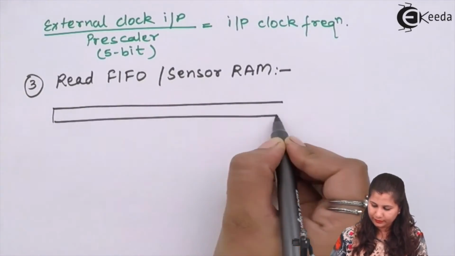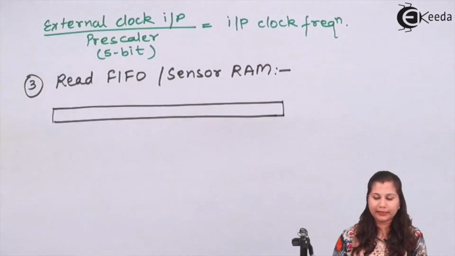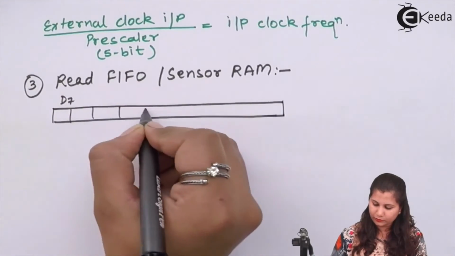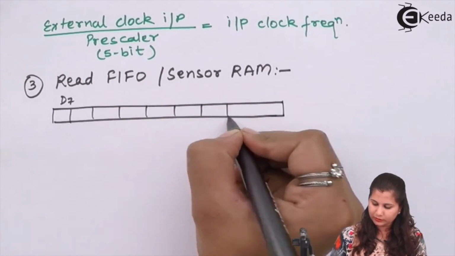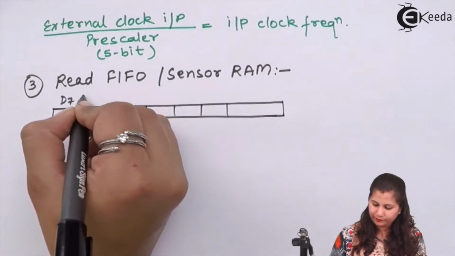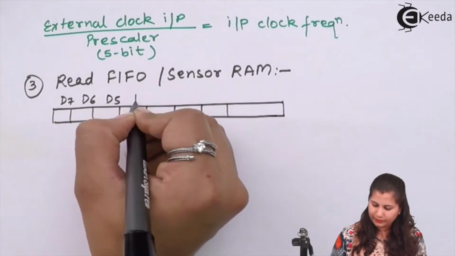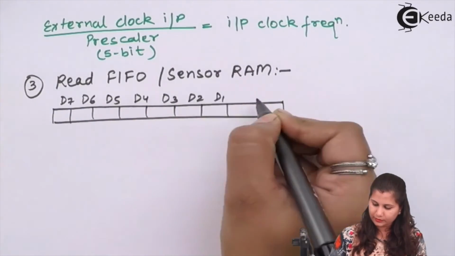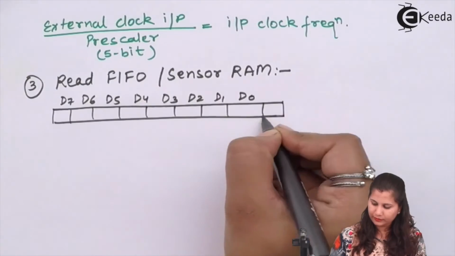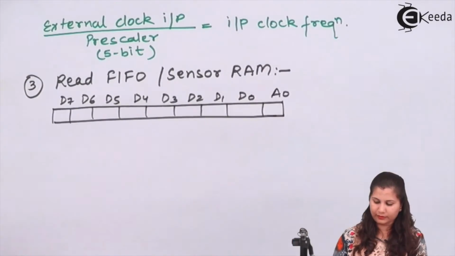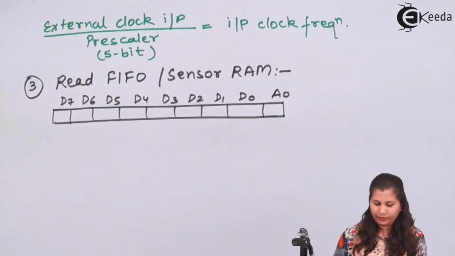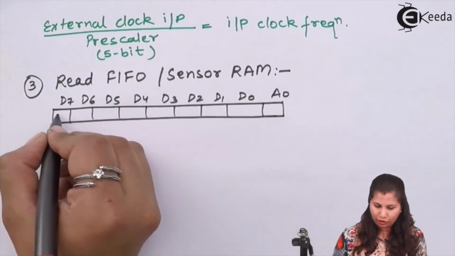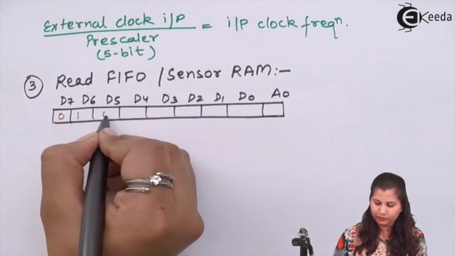Again, it will have the 8 bits D7 to D0. Now D7, D6 and D5 are at logic 0, 1, 0.